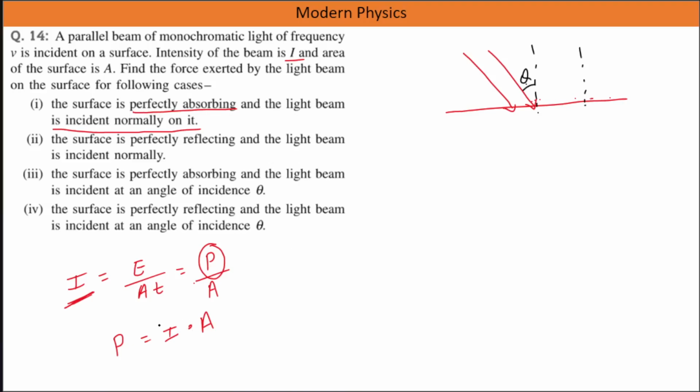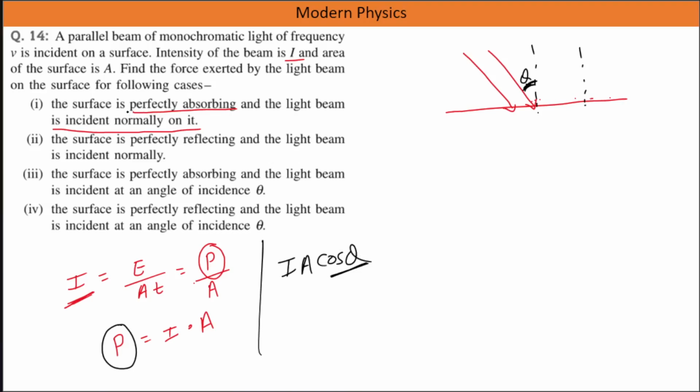That is power, and you calculate it by intensity times area times cos theta, because theta is the angle between the area vector and the light direction. So this is your theta here, and that is why there is a cos theta term. Before solving all the questions, we should be aware of this.